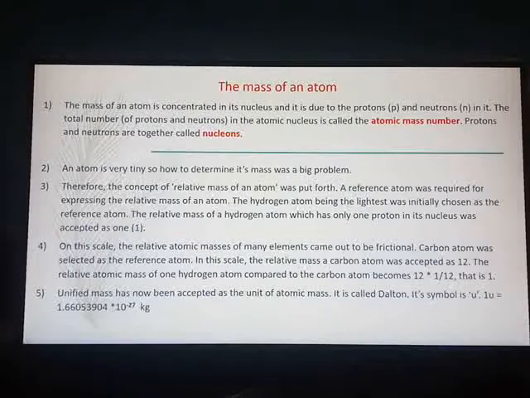A reference atom was required for expressing the relative mass of an atom. You know, when you go to purchase vegetables, then you say 500 grams, half kg of tomatoes or potatoes. Then in one pan the actual vegetables are put, and in the other pan a reference weight is put.